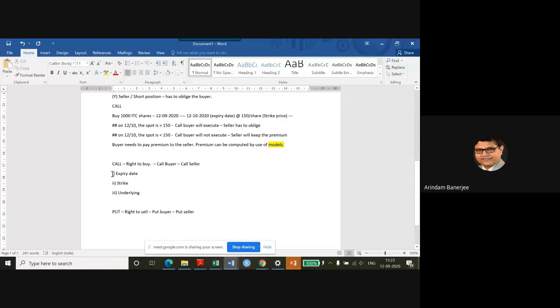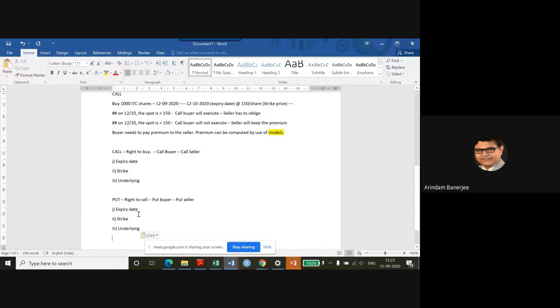That is, there is an expiry date, there is a strike, there is an underlying. So in case of put, the put buyer is entering into a contract with the put seller to sell the underlying asset at a given strike price by a certain expiry date, right?